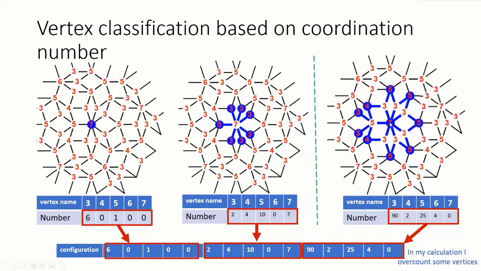For example, if here I consider more further vertices, and then write a code for the 7 structure, and then combine this code, then I can find a higher number of classified vertices.